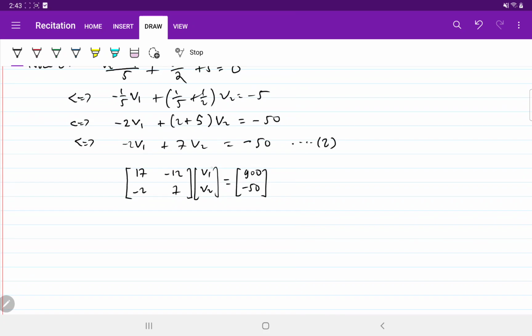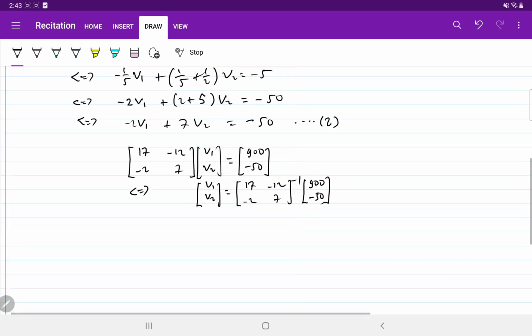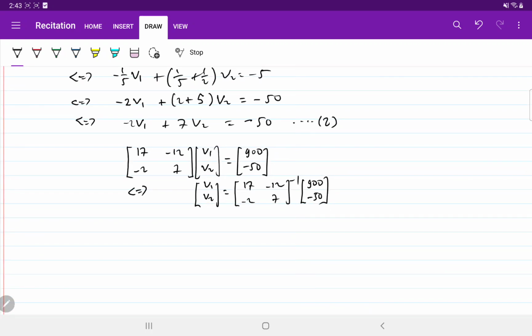And we need to find the values of V1 and V2. So [V1; V2] is simply the inverse of this matrix, multiplied by [100; -50]. Okay, and this is one method.